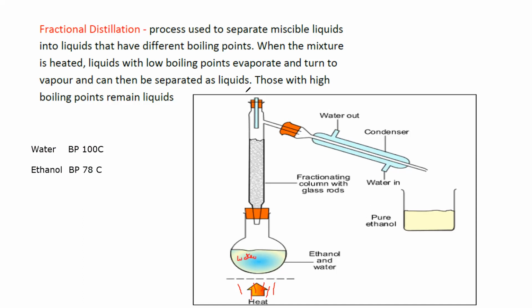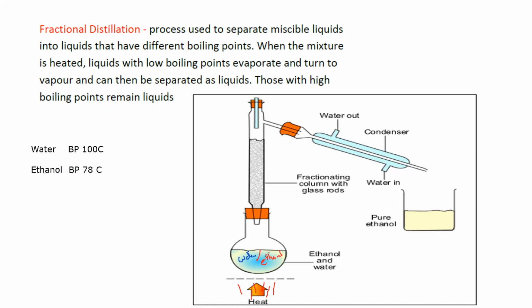So water I will represent with red, or alcohol I will represent with red. You have a mixture of water and alcohol such as ethanol. Now when you are supplying heat energy, which one of them will convert into vapor first?